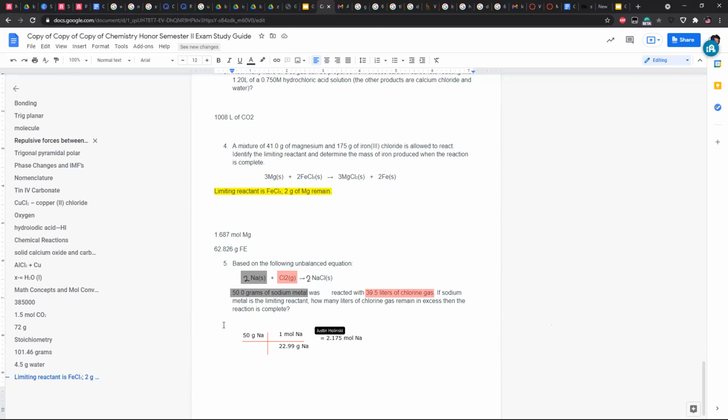So now I think we want to do the same thing with chlorine. So we're going to convert liters into moles this time. So chlorine, we have 39.5 liters.